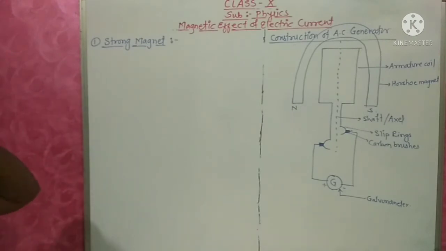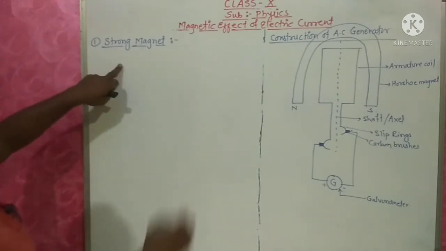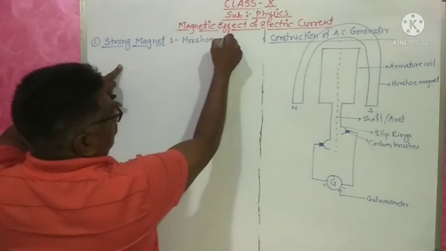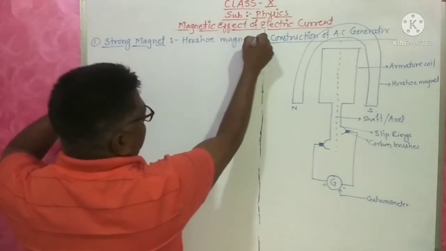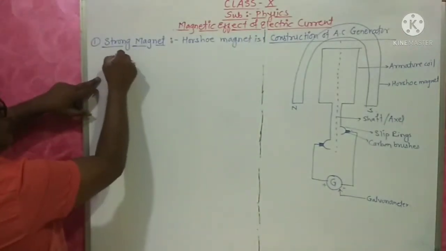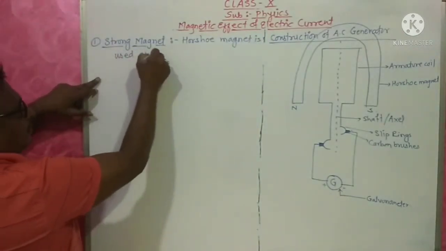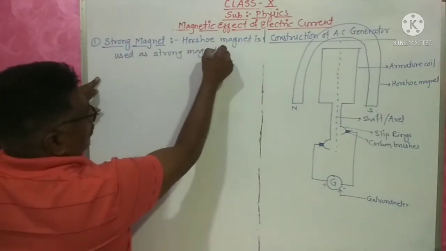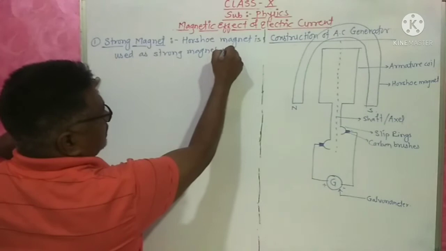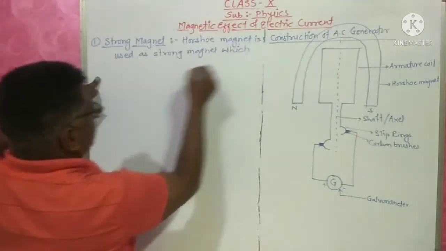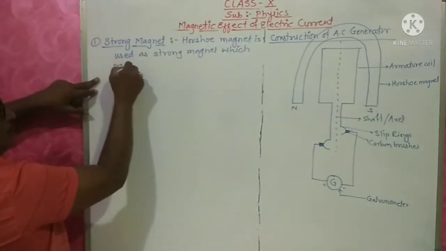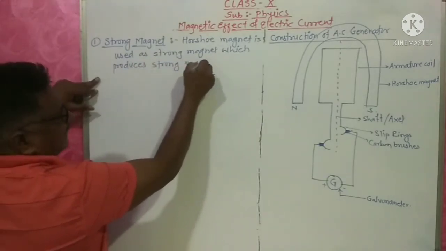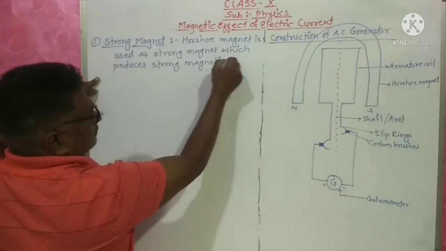A horseshoe magnet is used as a strong magnet which produces a strong magnetic field.